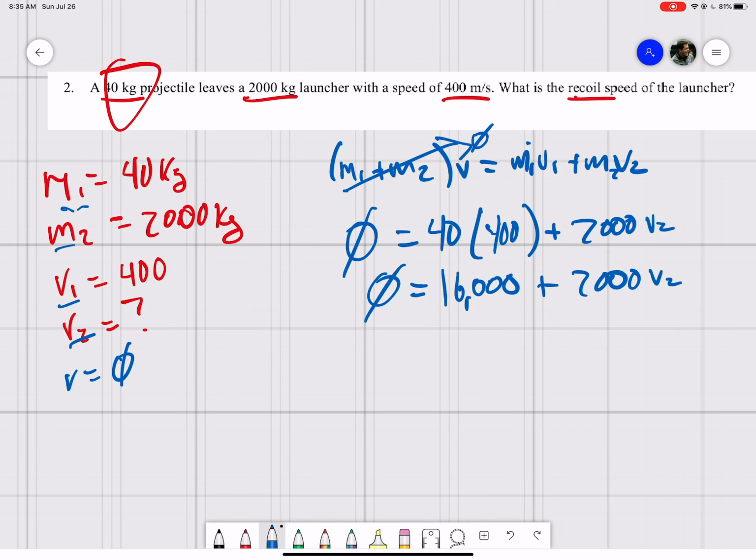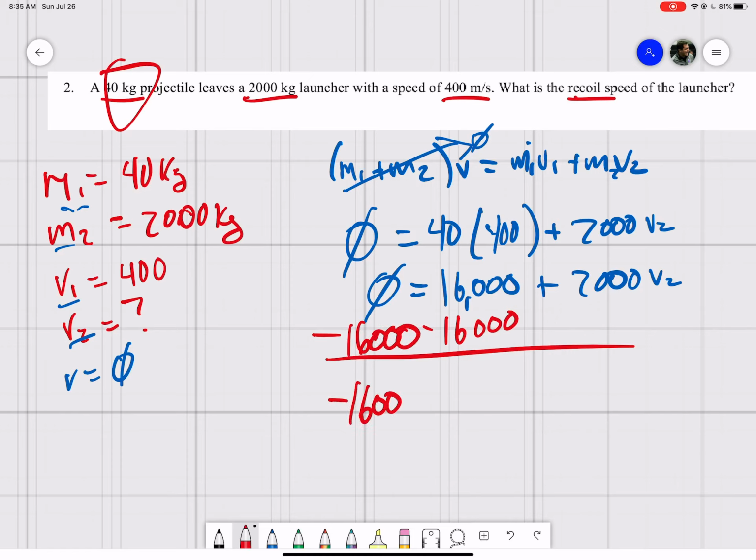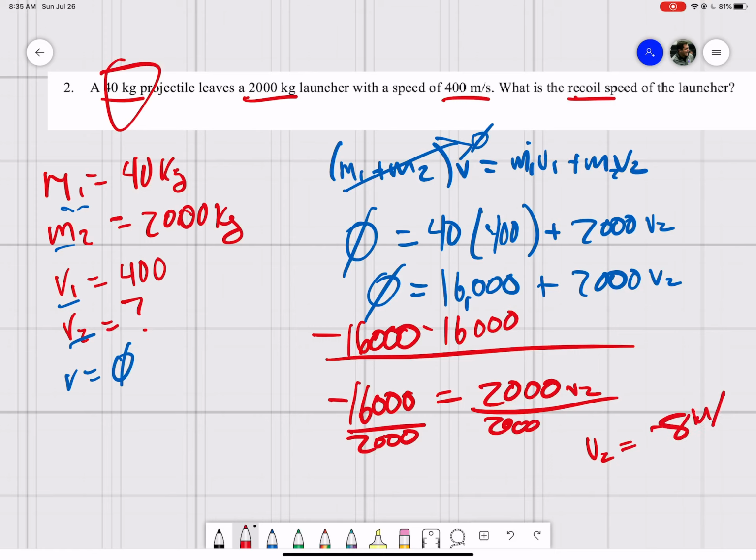Subtract 16,000 from both sides. We have negative 16,000 is equal to 2,000 V2. Divide both sides by 2,000, and we get that V2 is -8 meters per second.